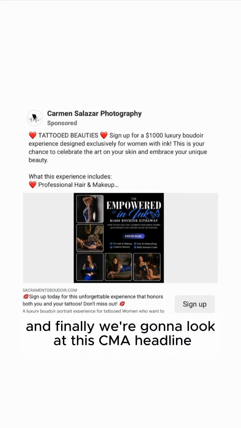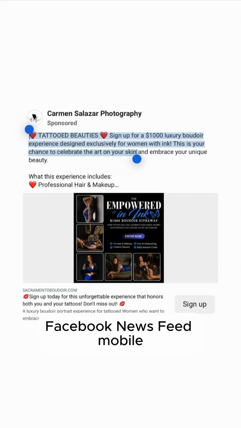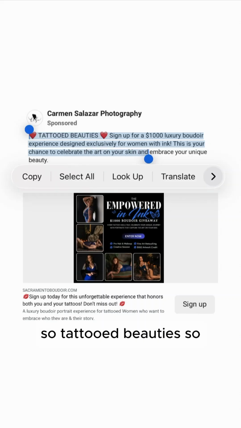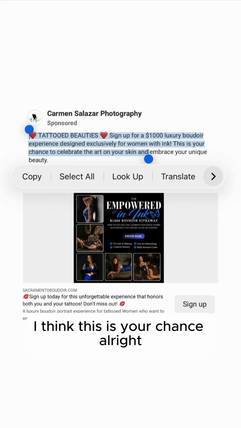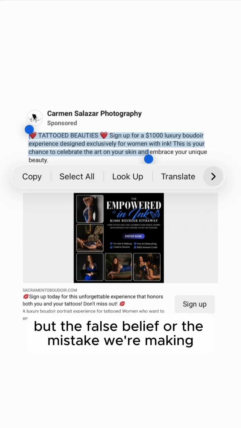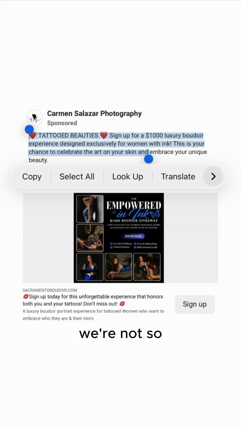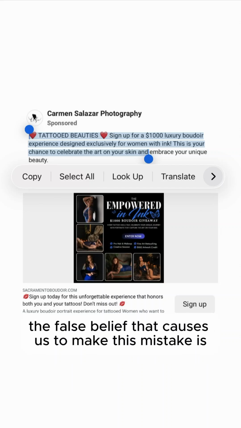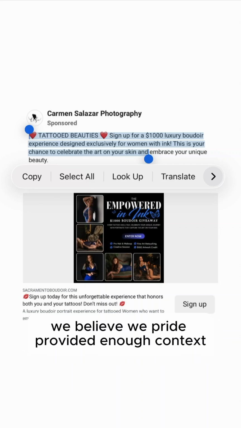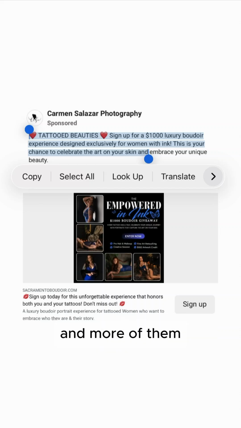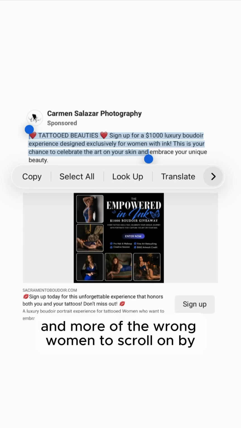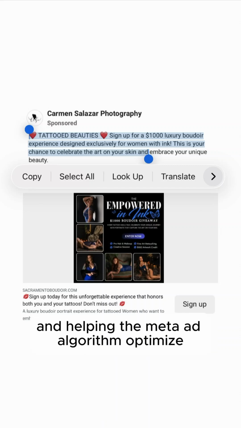And finally, we're going to look at this See More headline, the first 2 3/4 lines, Facebook newsfeed mobile. So, tattooed beauties. So, I think this is your chance. All right. So, we do got some good context here. But the false belief, or the mistake we're making, is the lack of context mistake. The false belief that causes us to make this mistake is we believe we provided enough context to get the right women to click in, and more of them, and more of the wrong women to scroll on by, and helping the meta ad algorithm optimize.